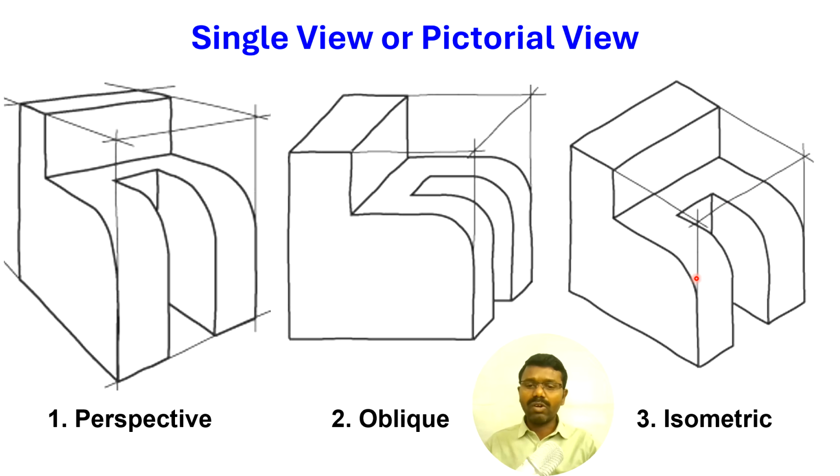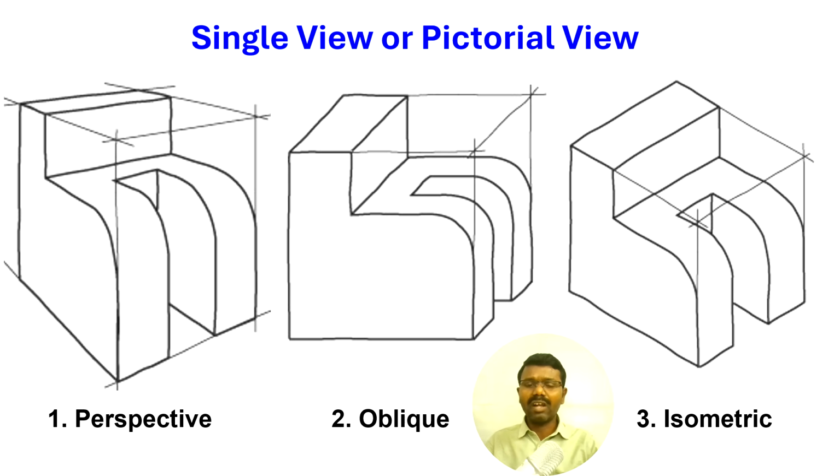So this is 120 degrees, this is also 120 degrees, and this is also 120 degrees between these 2 axes. If we make the axes with equal orientation and draw the drawing, that is called an isometric drawing or isometric view. In this video we are concentrating on this isometric view.